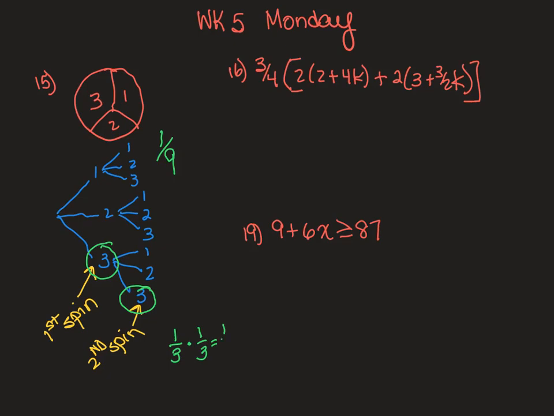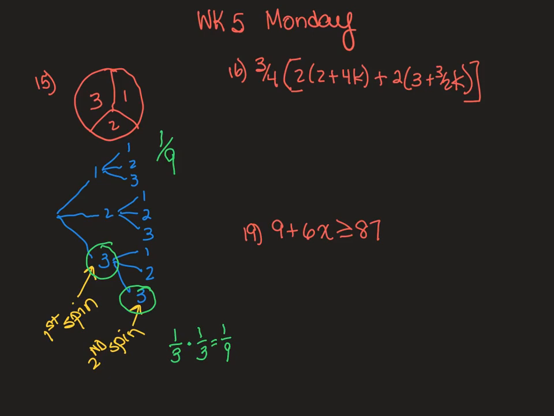And that gives me a probability of 1 out of 9. So those are two different ways to look at it, but I'm going to be requesting you to do a tree in the lab. So I wanted to make sure that I really got that visual on this explanation.